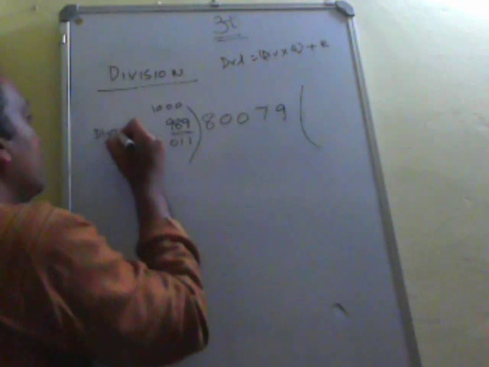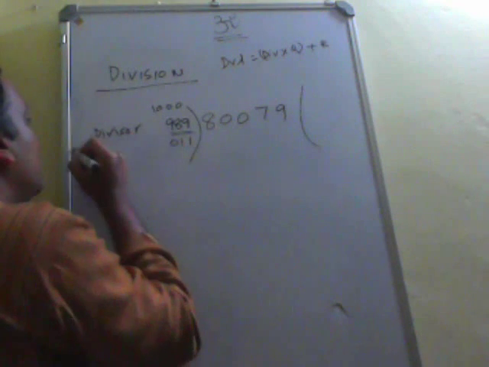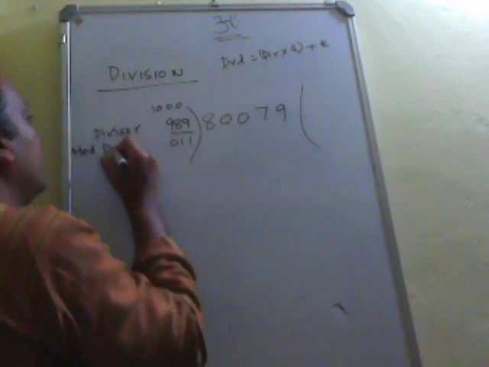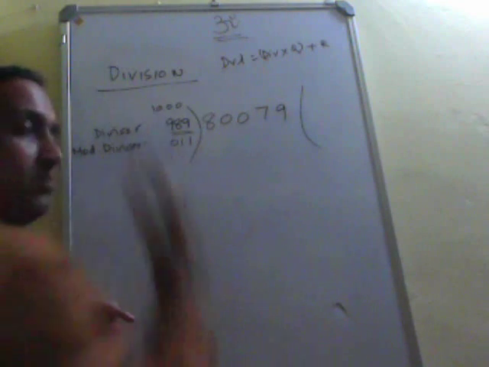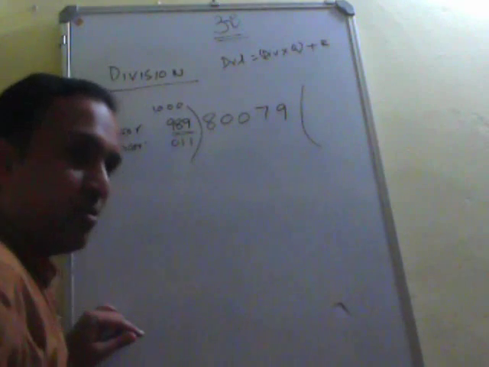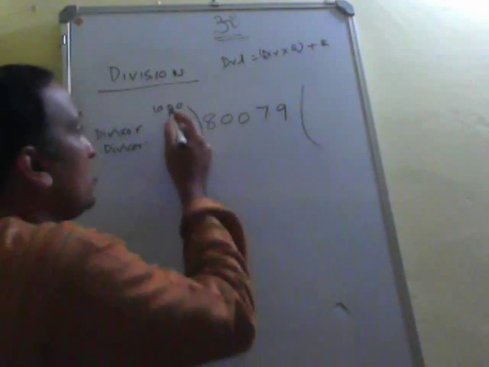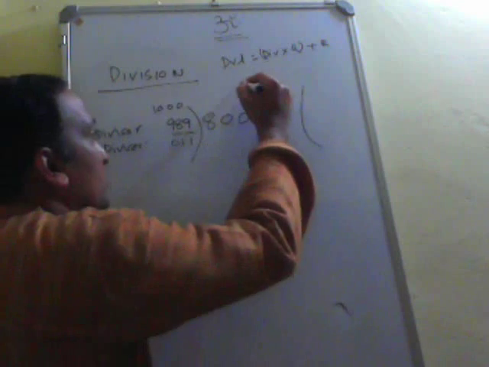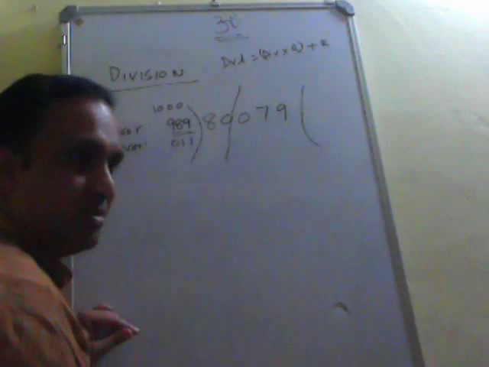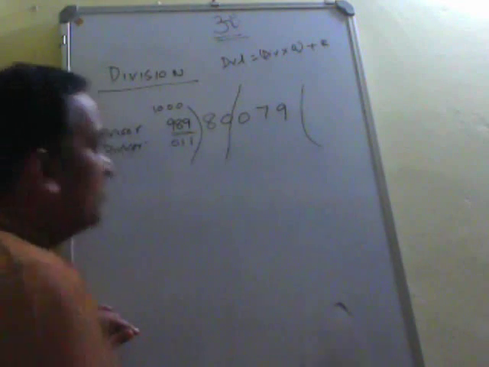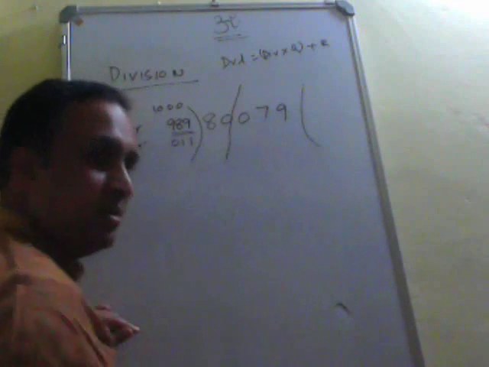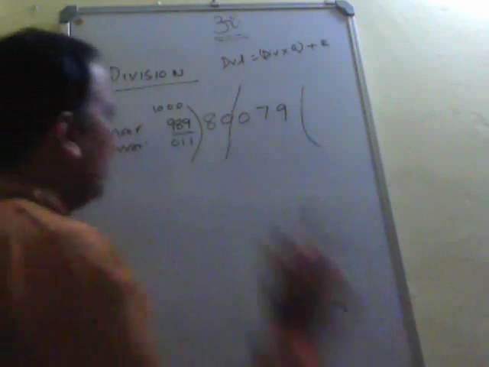This is divisor. This is called modified divisor. Okay, so 011, I have to start now. 1000 has 3 zeros, so cut off 3 places from this side, 1, 2, 3. Now it is very simple.